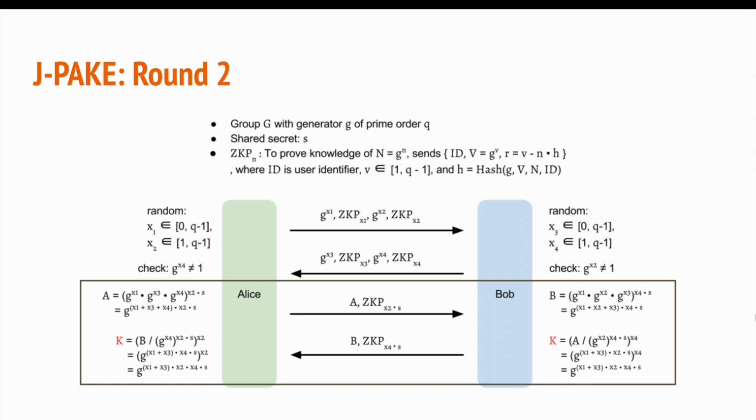And in the second round, it focuses on securely computing a shared keying material using the exchanged data. After receiving the public values from each other, Alice and Bob compute a shared keying material. This computation involves their own private values and the received values. Then Alice and Bob can derive a common session key from this key material.